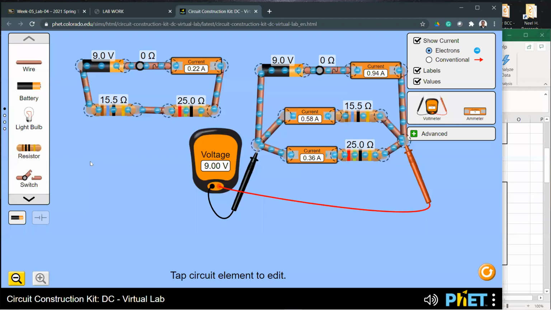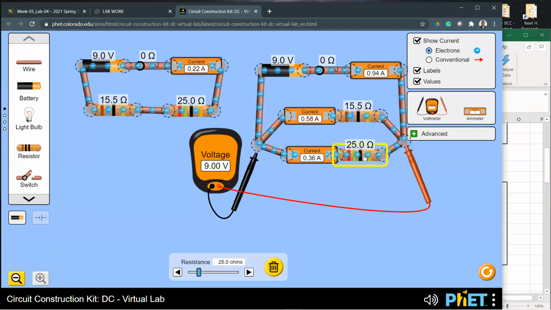Hold on. Okay, I think I'm getting it. Working now. Wait, hold on. I'm just getting different numbers than you. Then you have to check the resistance values first. Let's make it 15.5 for the first one, 25 for the second one.